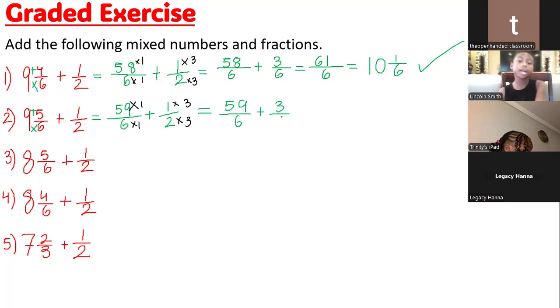Now that our denominators are alike, we can add. 59 plus 3 is 62, so it's 62 over 6. But our numerator is bigger than the denominator, so now we have to divide. What do you get when you divide it?